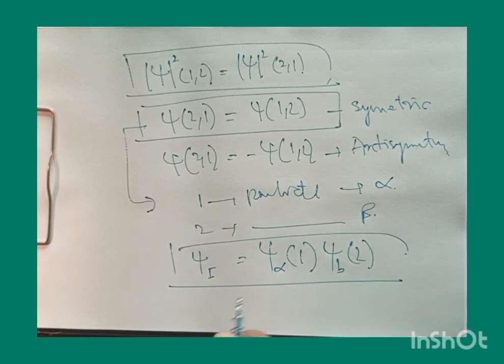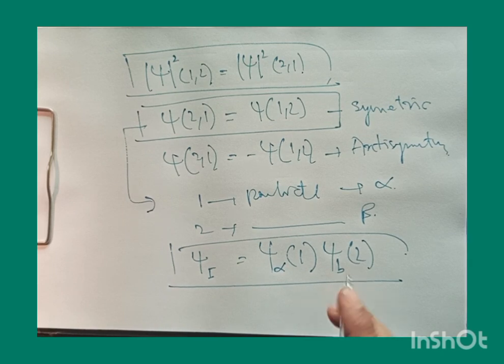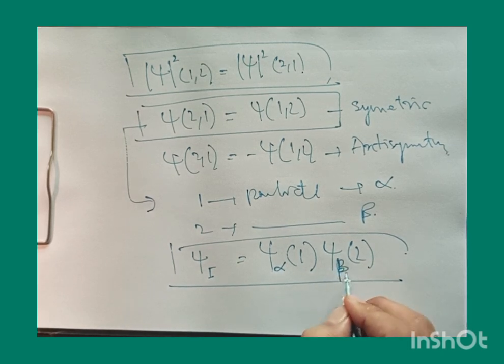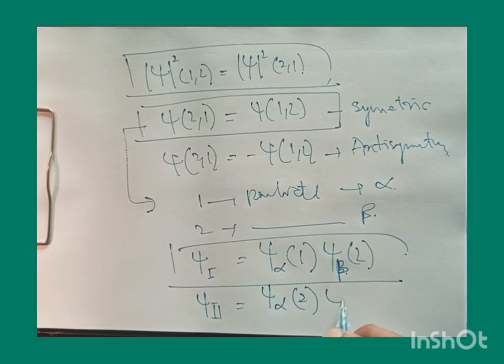And now, if particle 2 is in state alpha and particle 1 is in state beta, the wave function is going to be, say, psi second, which is psi alpha for 2 and psi beta for 1.